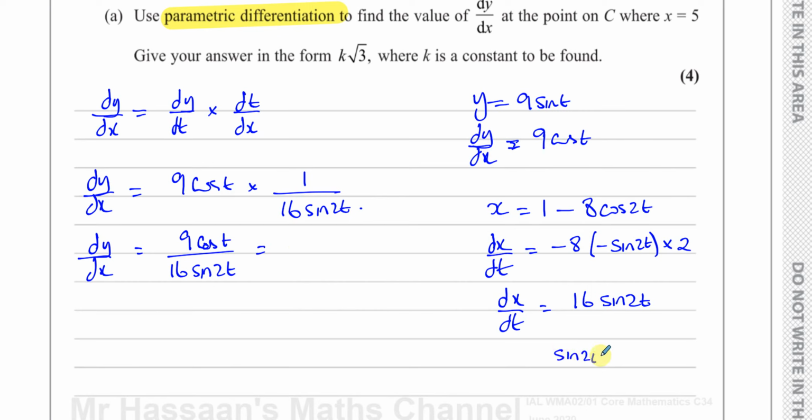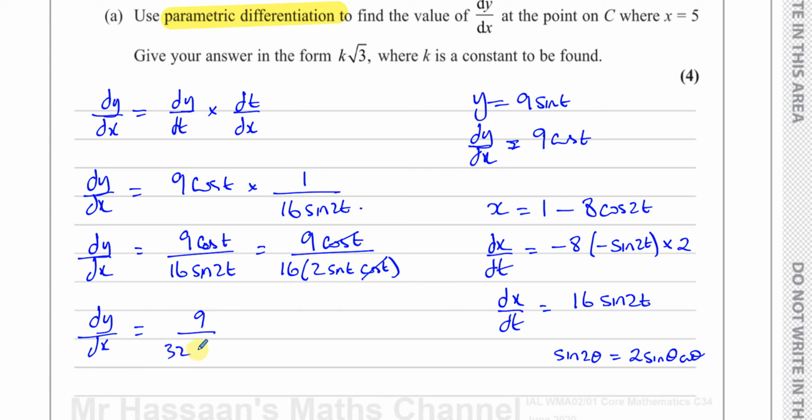The sine of 2 times an angle is 2 sine of that angle times cosine of that angle. So I can write this as 9 cosine t over 16 times 2 sine t cosine t, and the cosines cancel out. I'm left with a simpler expression: dy/dx is equal to 9 over 32 sine t.